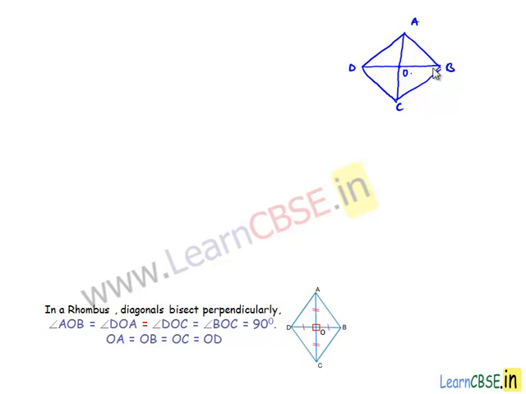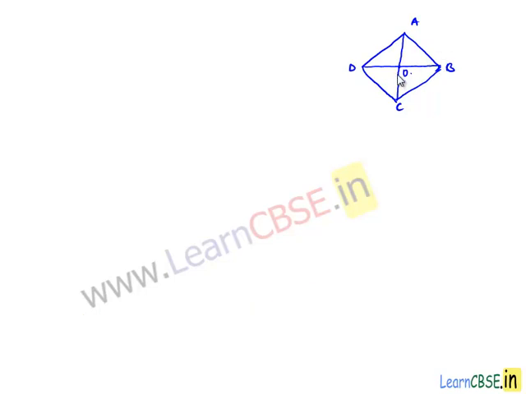So in order to prove this, let us consider the two triangles, that is triangle ABC and triangle ABD.